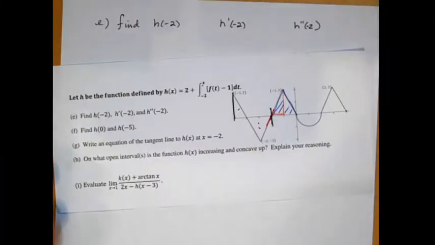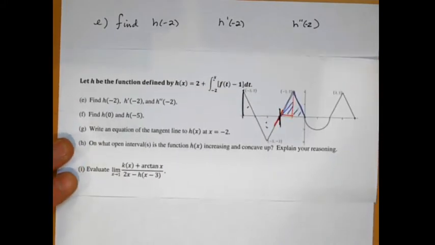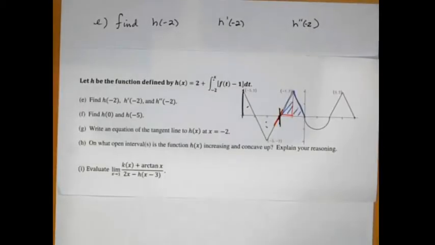Okay, so we're going to re-look at this function. We're at h of negative 2, h prime of negative 2, and h double prime of negative 2.